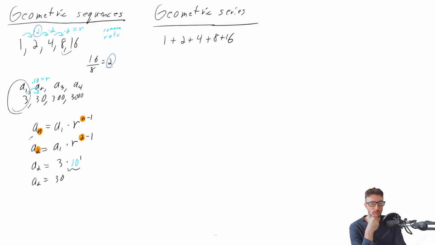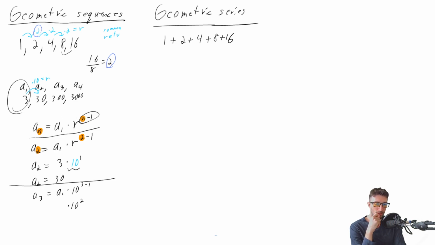Now, let's say you wanted to get to the third term. Well, then what would you do? You would take the first term and you'd multiply by that 10 how many times? Well, not 3 times, only 3 minus 1 times. In other words, you'd be multiplying by 10 two times. So that's why there's always an n minus 1 here.